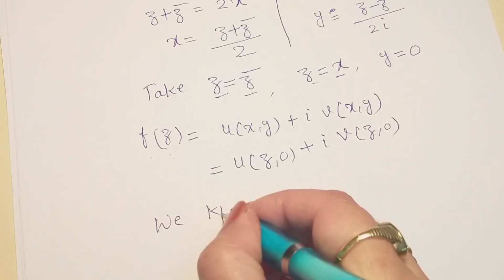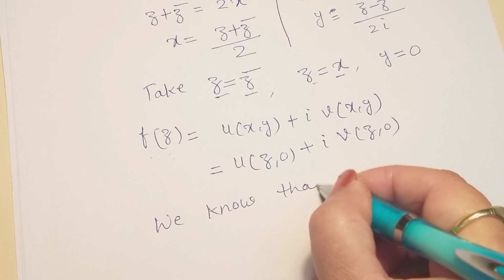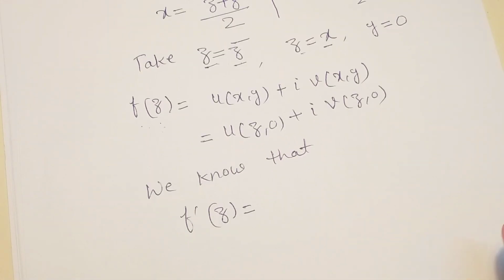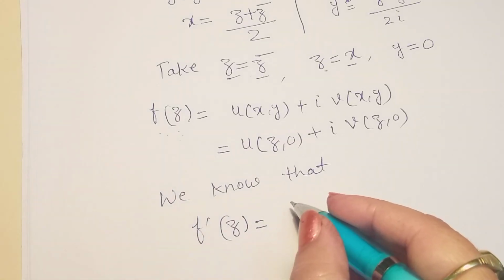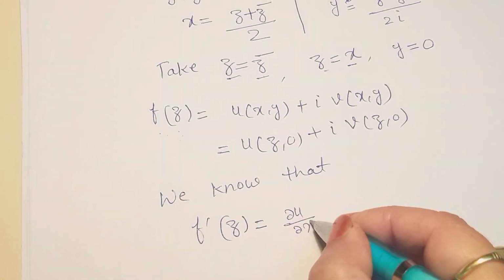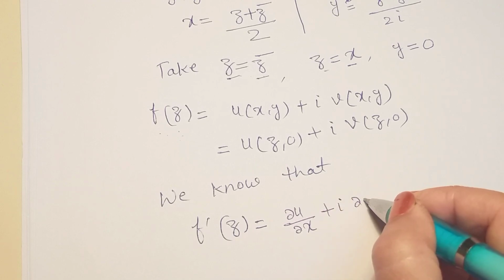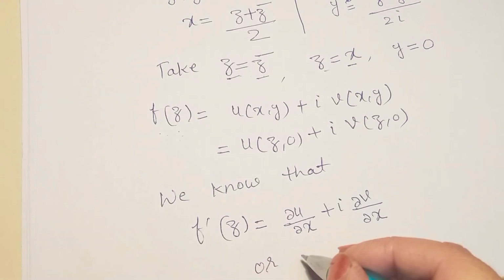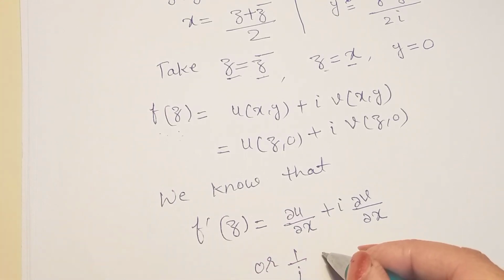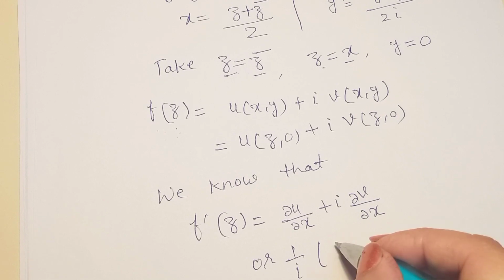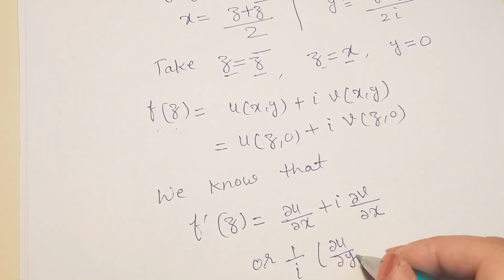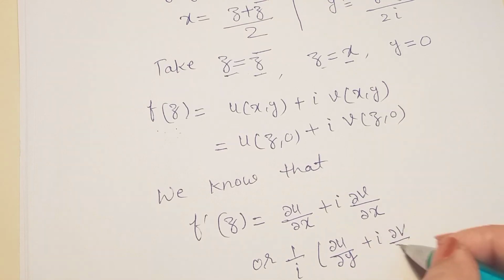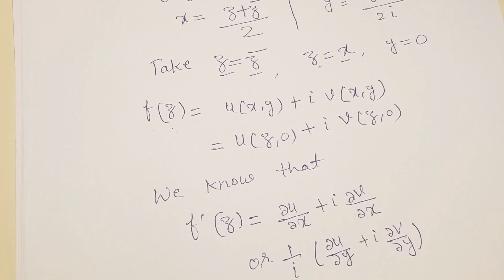So we know that f dash z is equal to del u by del x plus iota del v by del x, or 1 by iota (del u by del y plus iota del v by del y).